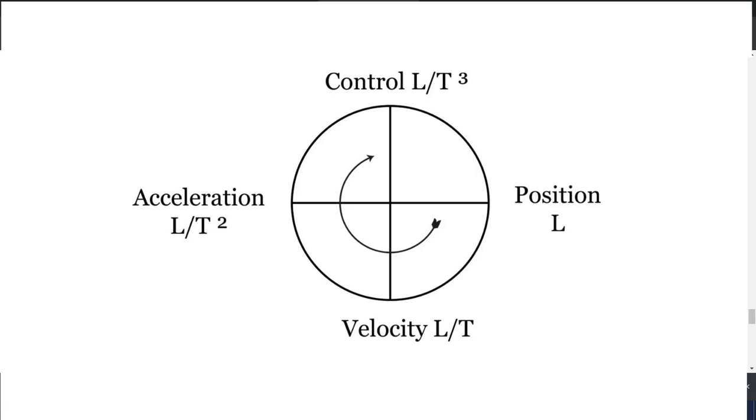And then acceleration then, L over t squared, is the rate of change of velocity with respect to time. So the rate of change of position with respect to time for velocity, the rate of change of velocity with respect to time. So those are two derivatives. And then the third derivative would be control, which is L over t cubed. And control now then is actually the rate of change of acceleration.